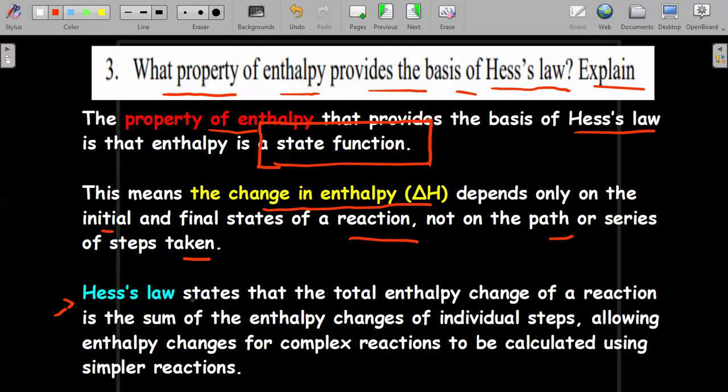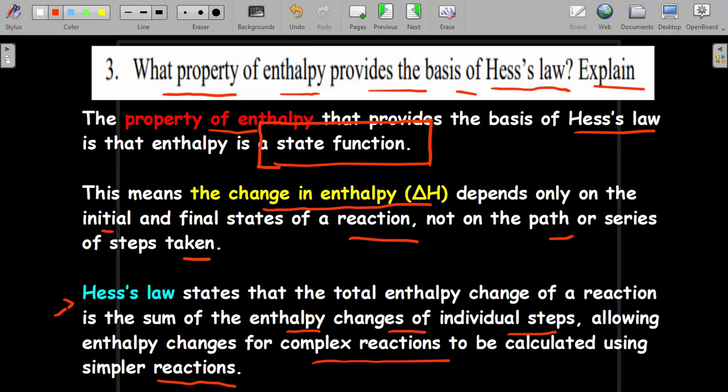We can say Hess's law states that the total enthalpy change of a reaction is the sum of the enthalpy changes of individual steps, allowing enthalpy changes for complex reactions to be calculated using the simpler reactions.